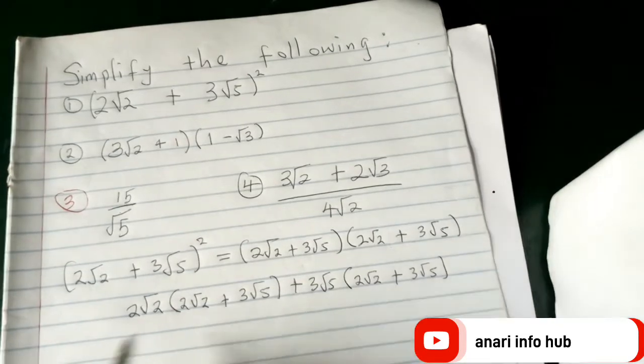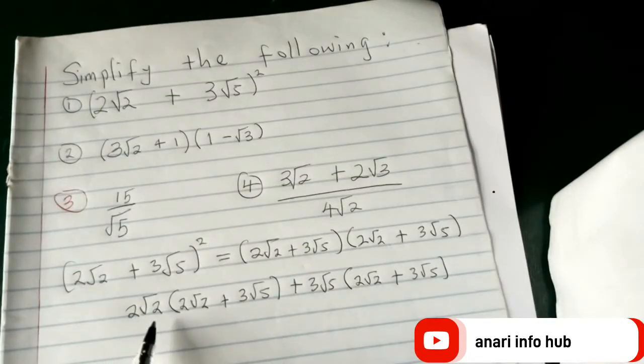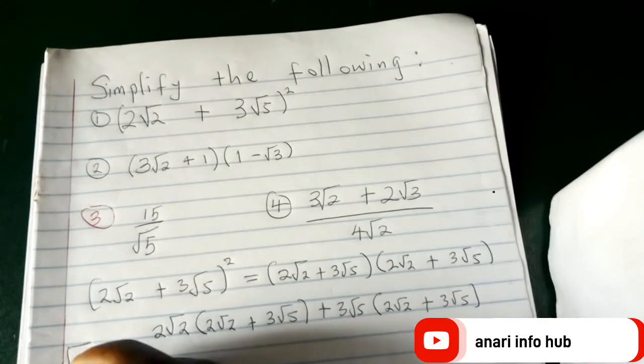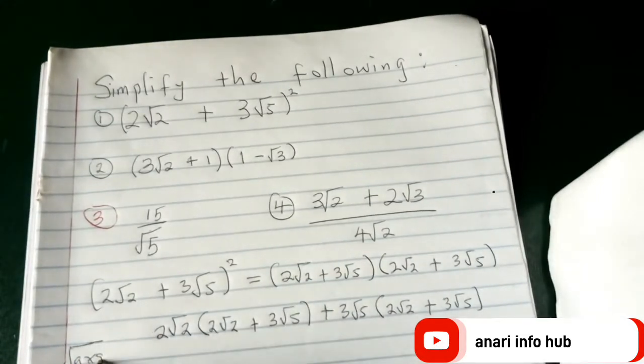Alright, let's go ahead. Now remember that a times a will give us a squared, and if you find the square root of a squared, it will give us a. That is, if you have a times a, this is a squared, so one of them becomes your square root.